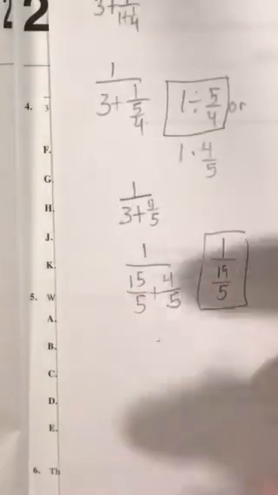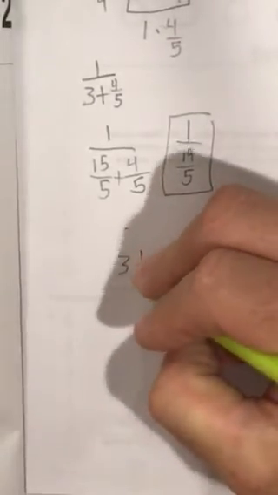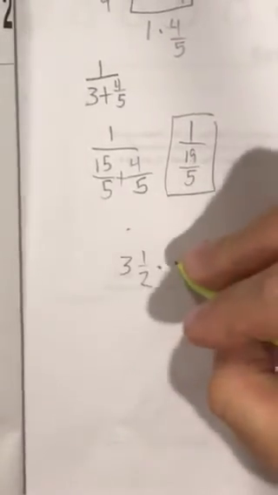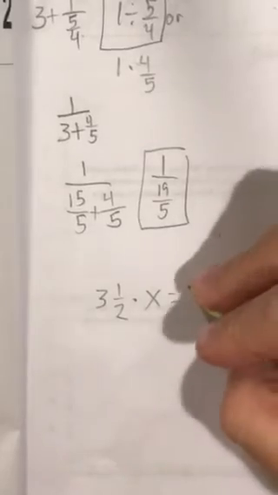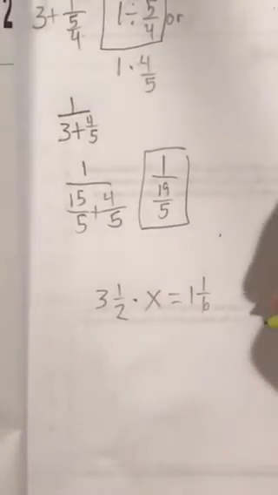Now, number 5, I have what fraction of 3 1/2 is 1 1/6? So what I'm saying here is that 3 1/2 times something, times x, is equal to 1 1/6.